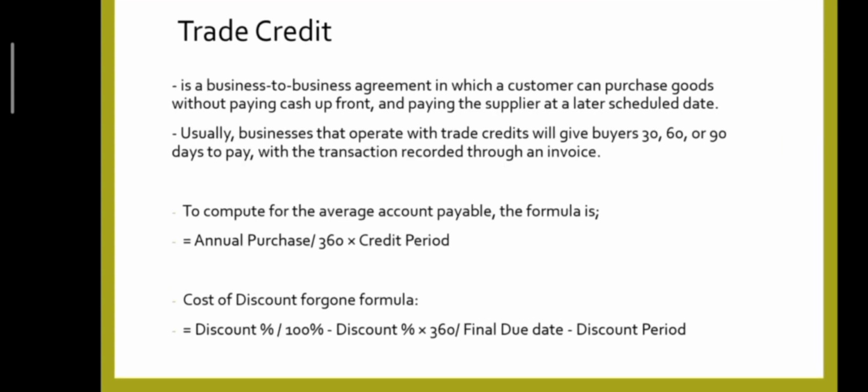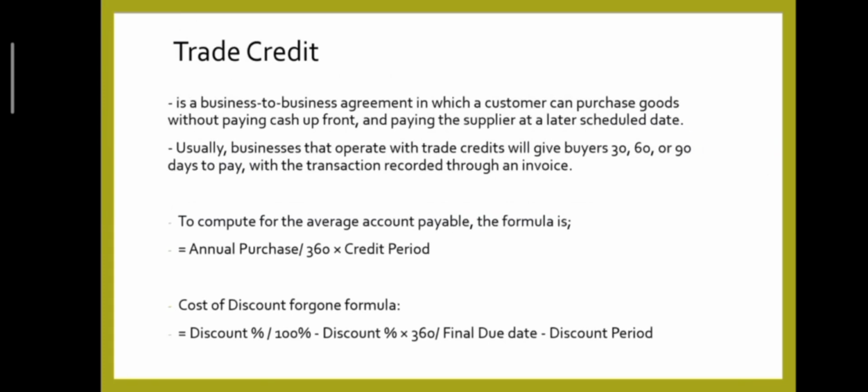Now there is this so-called cost of discount foregone formula, wherein there is the discount divided by 100% minus discount, again multiplied by 360 divided by final due date subtracted by discount period.